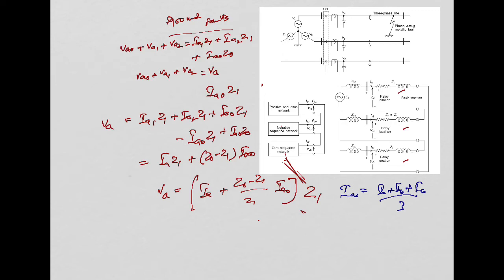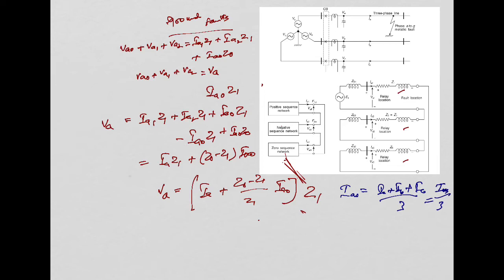Now let us suppose that IA plus IB plus IC equals I residual. Then we have I residual divided by 3, where I residual is actually the residual current.